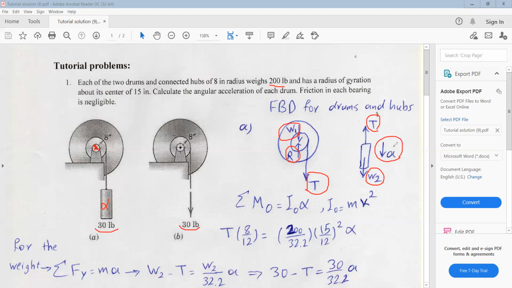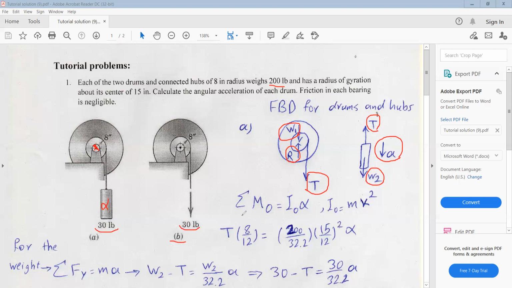Since there is acceleration here in this free body diagram, T is not equal to W2, or T is not equal to 30 pounds. But in case B, the tension is equal to 30 pounds and it's easy to obtain the acceleration. But here we need to write the moment equation and force equation for both free body diagrams, and we will have two equations with two unknowns.